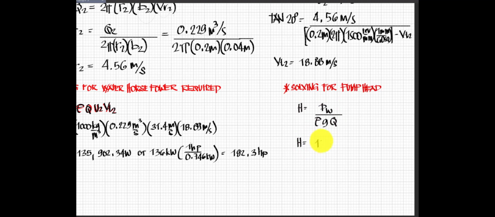So we have 136,000, the units of Newton meter per second, divided by the density, which is 1,000 kilogram per cubic meter, multiplied by 9.81 meter per second squared, then multiplied by the volume flow rate, which is 0.229 cubic meter per second.